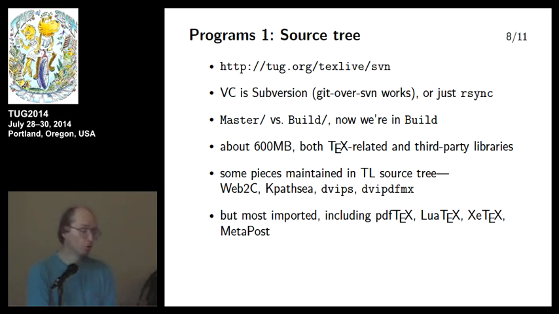But most of what's in the tree actually comes from elsewhere, and that includes the other engines I listed here, and almost all the other random utilities all come from somewhere else, and we import them into TeX Live. And of course, try hard to sync everything up and talk to the authors at the time of the yearly release and fix all the inevitable bugs and so on. So that's the overview of the source tree.